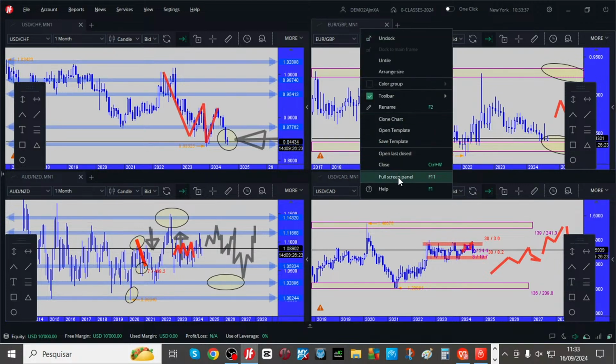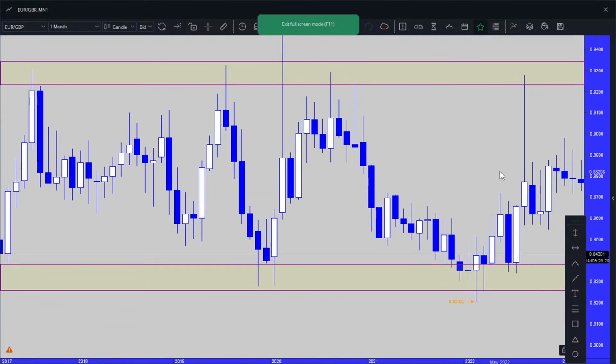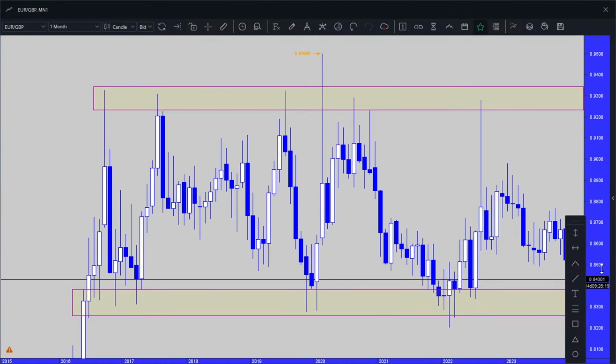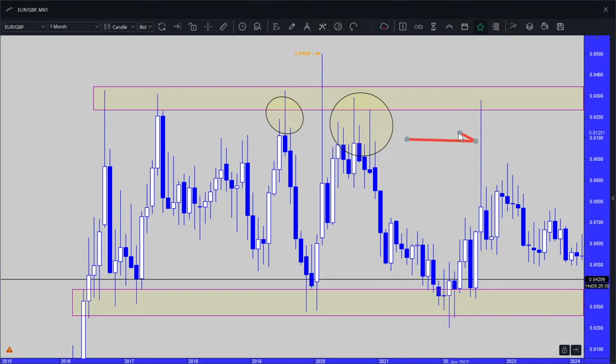Look at Euro GBP. Back in time, you're backtesting. You had here 1, 2, 3 times the market went up. Here you have multiple times. See everybody that history doesn't repeat itself. So when you're building a strategy or a trading system and you're backtesting back in time, this doesn't work.